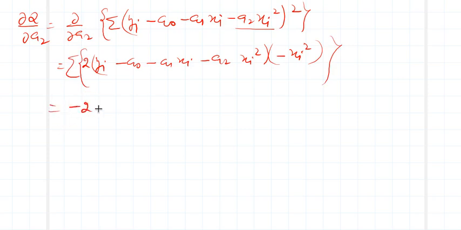So minus 2 can be taken outside, and xi square can be multiplied inside.